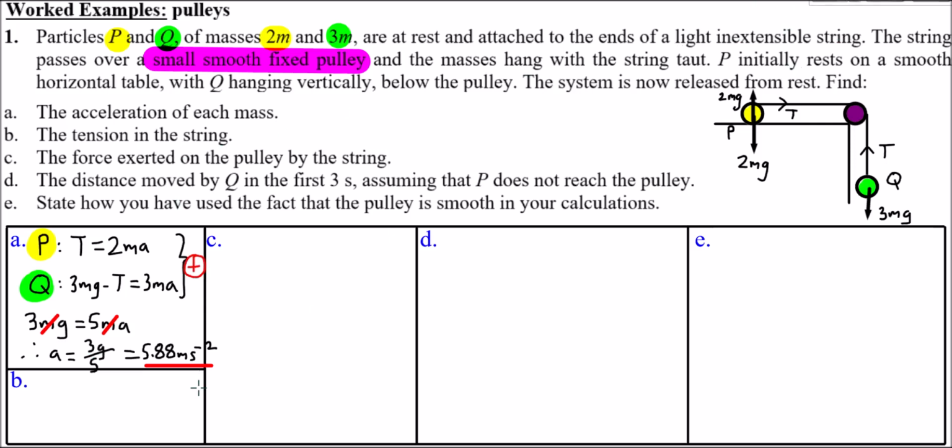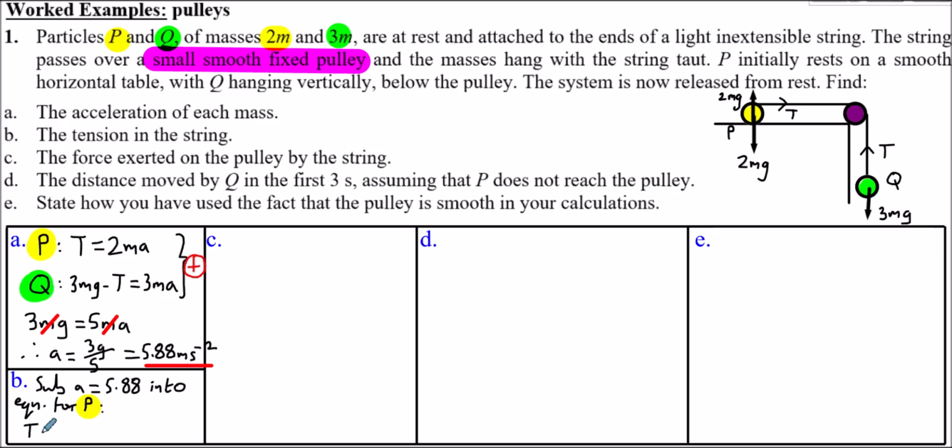Now we know what A is, we can sub this value for A back into the equation for P. So we sub A equals 5.88 into the equation for P. Obviously, the tension is going to be 2 times m times 5.88.